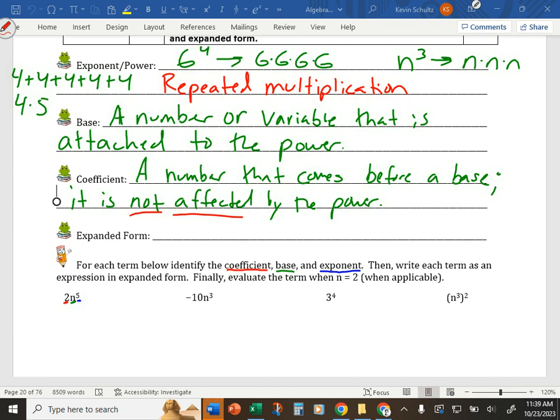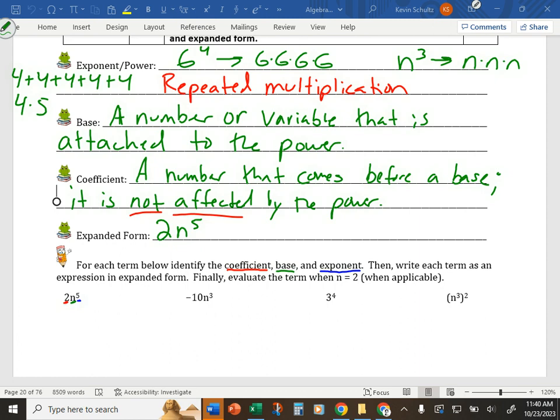The coefficient is not affected by the power, which means when we write this in expanded form, like we did with 6 to the fourth, expanded form 6 times 6 times 6 times 6, like we did with n cubed, expanded form n times n times n. For 2n to the fifth, how many 2s are being multiplied together? How many 2s are there in expanded form? Remembering that the coefficient is not affected by the power, just 1.